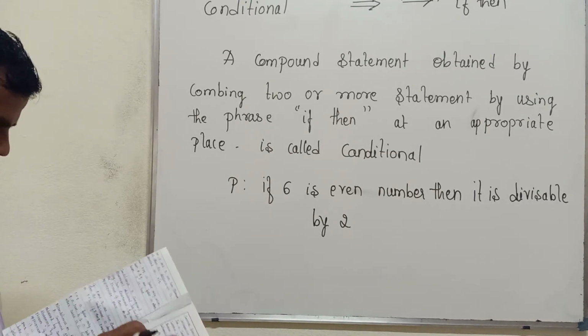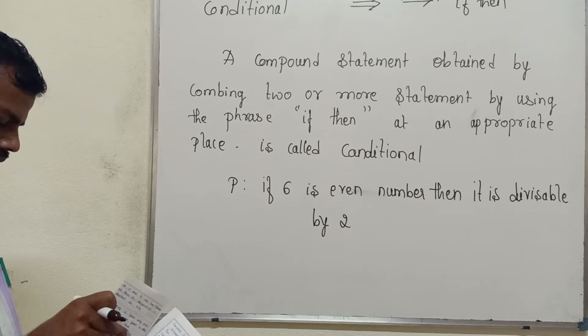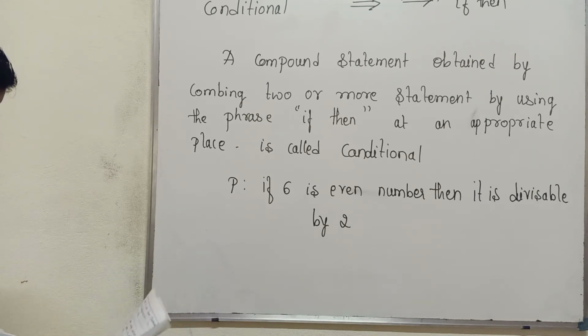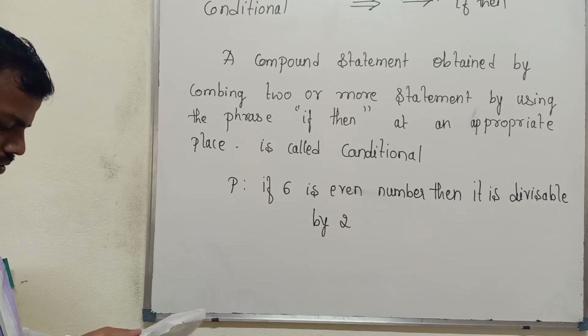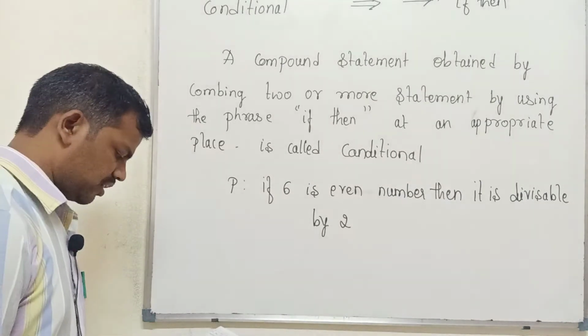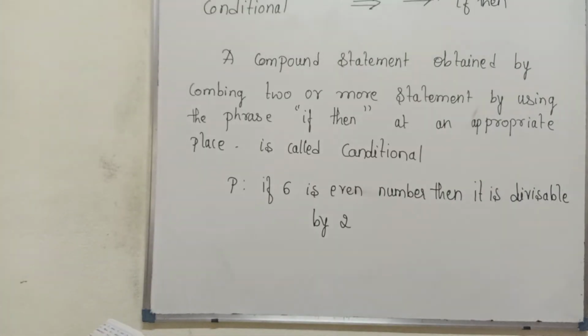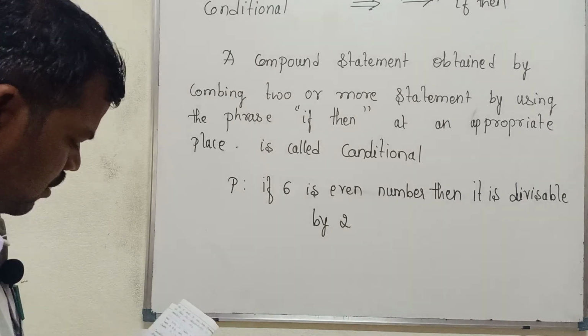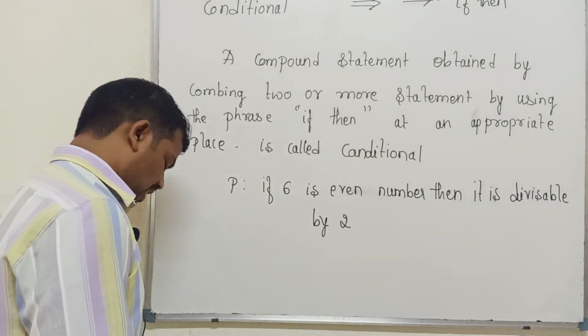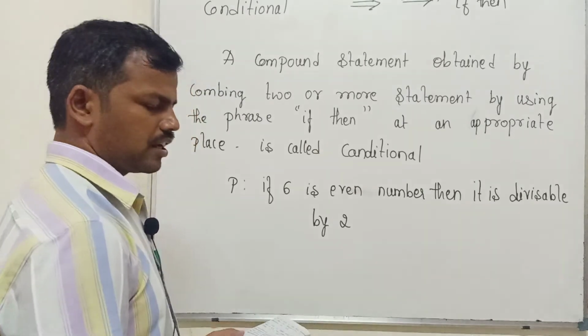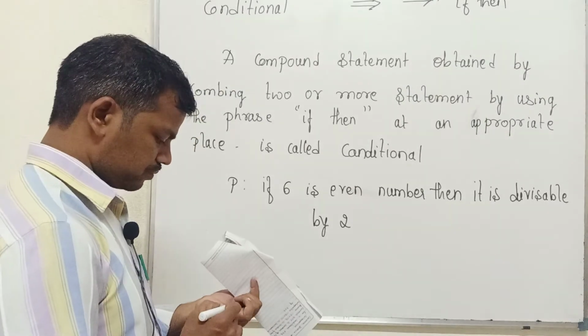So what is the truth table for this compound statement that we have to discuss? For the conditional statement, it is false only when P is true and Q is false. In other cases it is true.